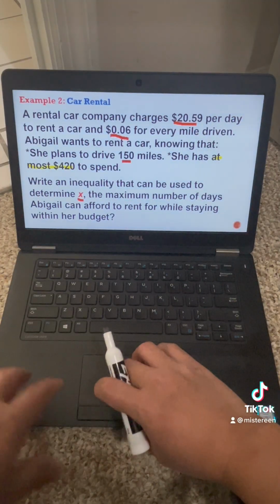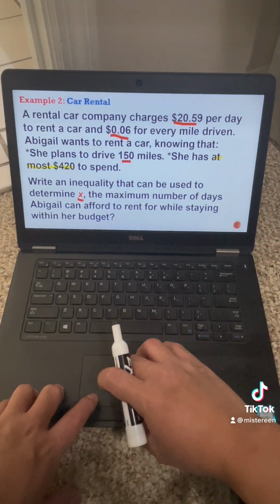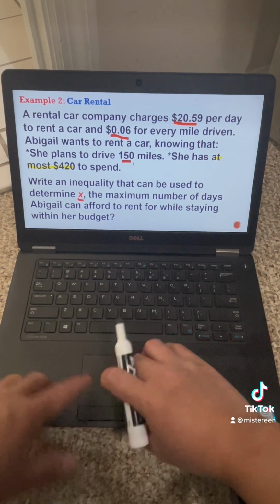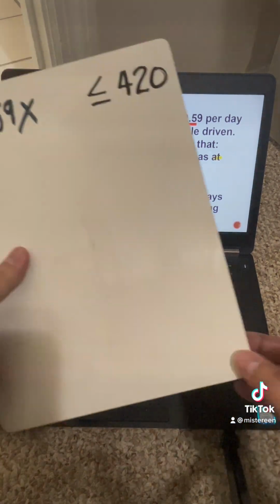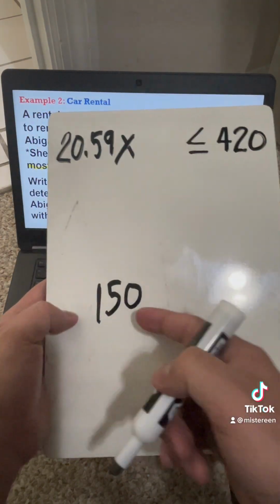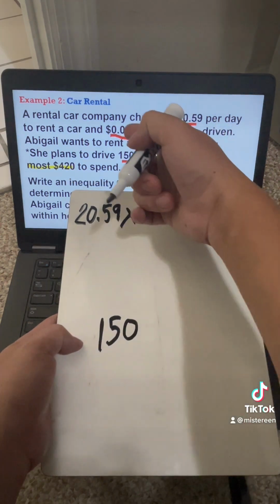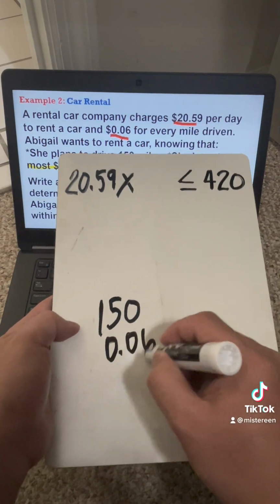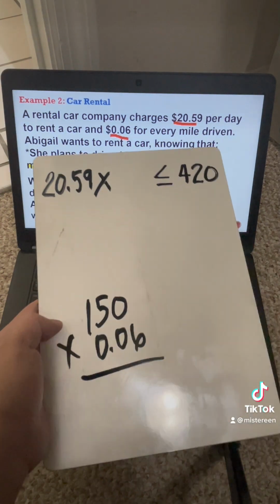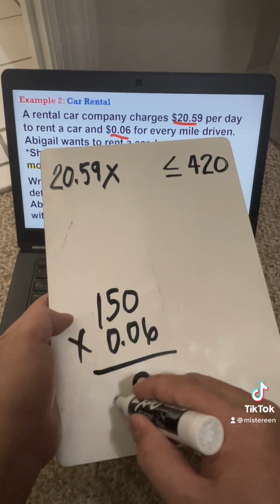Now, if we go back to the problem, we still have two numbers here: 0.06, that's the fee for every mile, and Abigail plans to drive 150 miles. So if Abigail drives 150 miles, and for each mile that's 0.06, we'll multiply this. How much will it be? If you use your calculator, that's equal to $9.